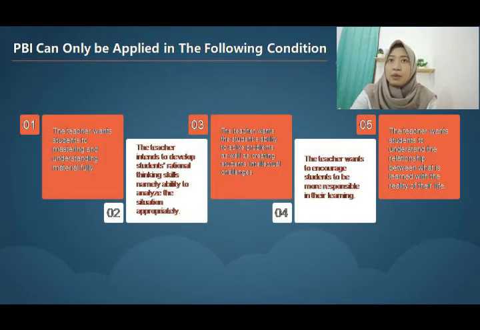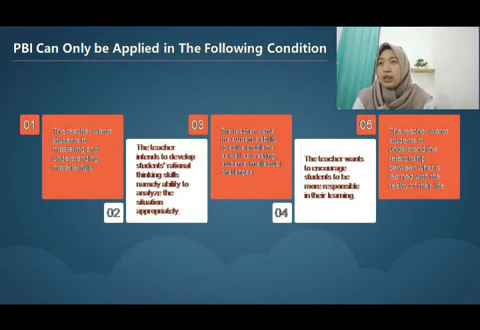And next, PBI can only be applied in the following conditions. According to Sanjaya, there are 5 points. The first is the teacher wants students to master and understand the material fully. And the second is the teacher intends to develop students' rational thinking skills, namely the ability to analyze the situation appropriately.